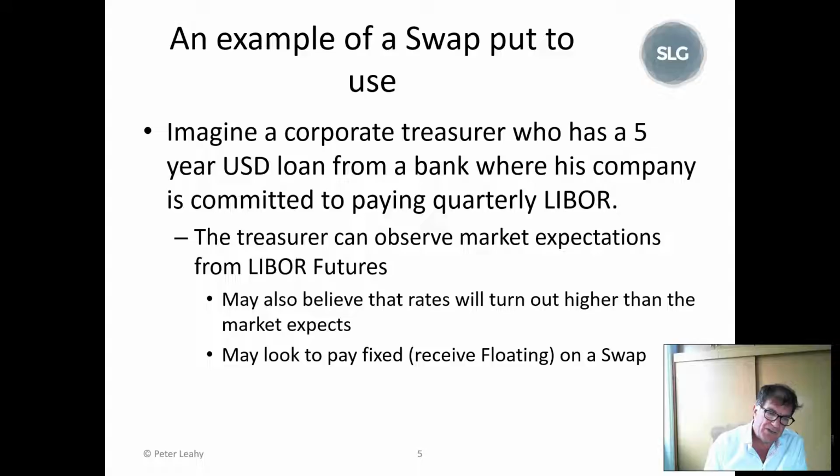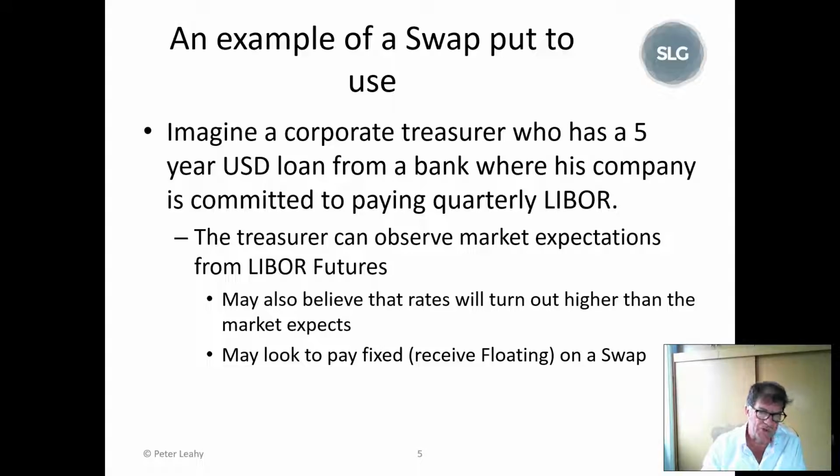So I've taken a little example of a corporate treasurer, perhaps having a US dollar loan from a bank and committed to paying quarterly LIBOR in US dollars. We could observe market expectations for LIBOR by looking at LIBOR futures, and we could have some idea of what we might expect to be paying as interest payments on our loan in the future.